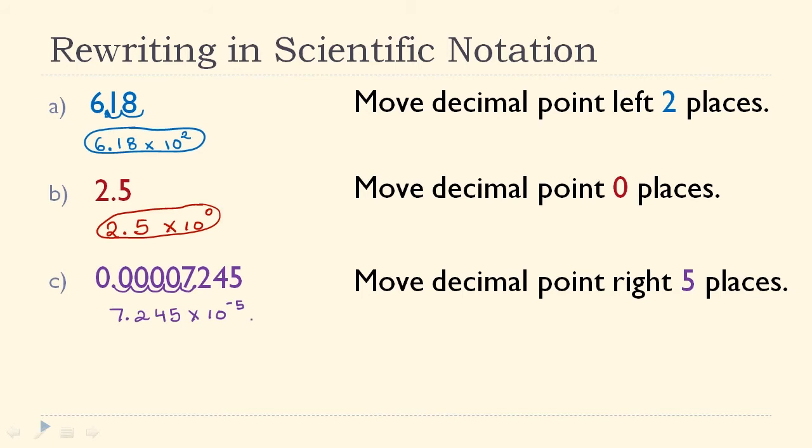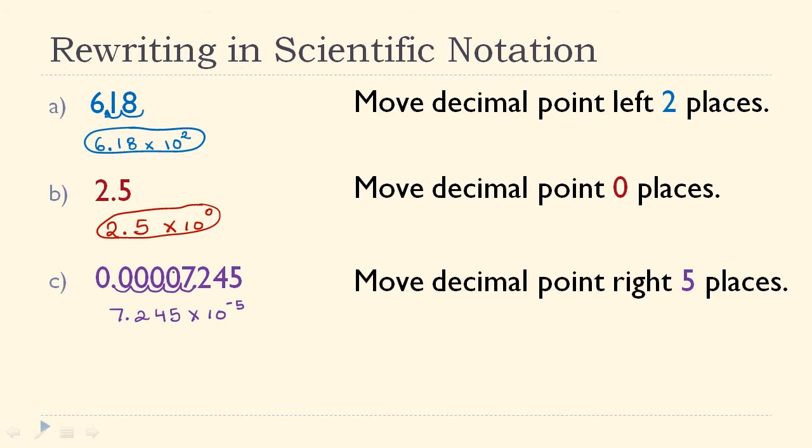The way I can differentiate between a negative exponent or a positive exponent is by looking at the number. Usually when I have something like 0.00 or 0 point some number after the 0, in my head I look at it as a very small number compared to such a number as 618.